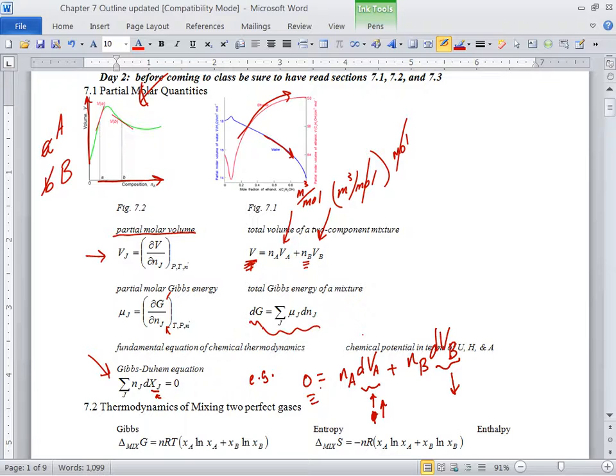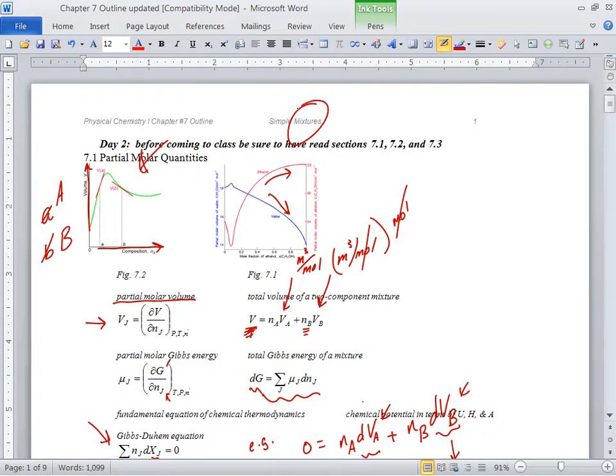And that's exactly what's happening up here, right? As one partial molar quantity is increasing, the other one's decreasing in a mixture. So this only works in a mixture. It's not a property of the substance on its own, right? Because you have A and B in here. These are mixtures. This whole chapter is about mixtures.